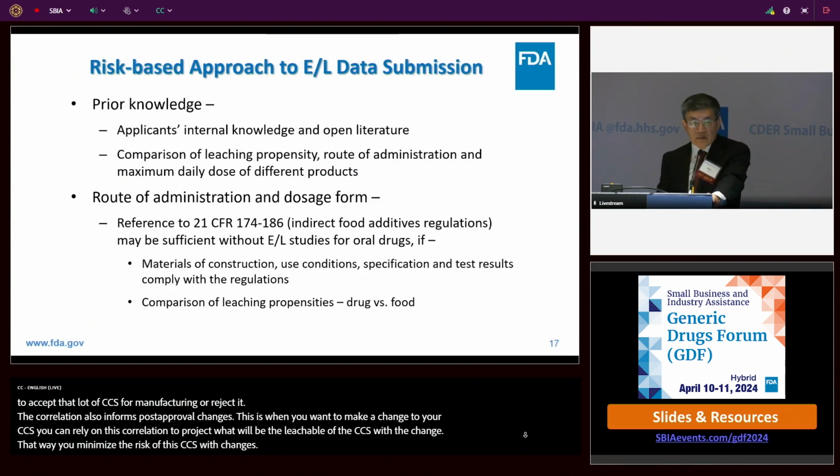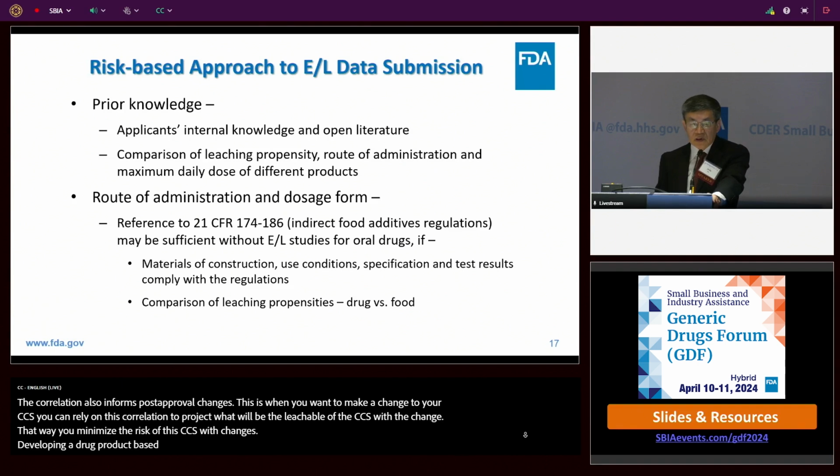Developing a drug product based on a risk-based approach is always good to do. And extractable and leachable evaluation is no exception. First, you want to look at prior knowledge. You may have already used the same CCS for a similar product or a different product.